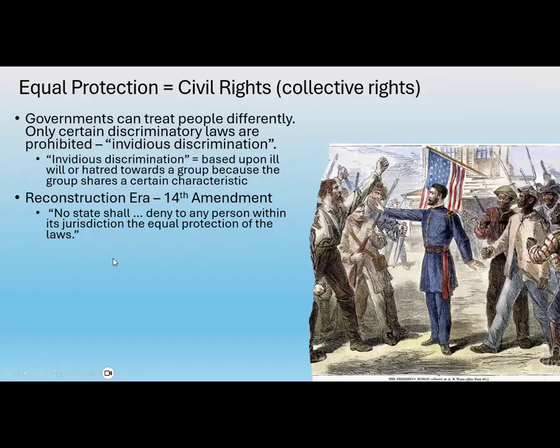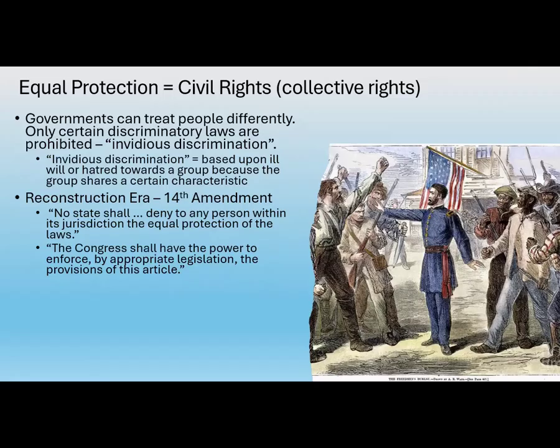The 14th Amendment also includes an enabling clause that Congress shall have the power to enforce by appropriate legislation the provisions of this article. The purpose of the 14th Amendment was to eradicate black codes and to protect former slaves, particularly in the South. That animosity toward black people, those black codes, are the clearest example of invidious discrimination.